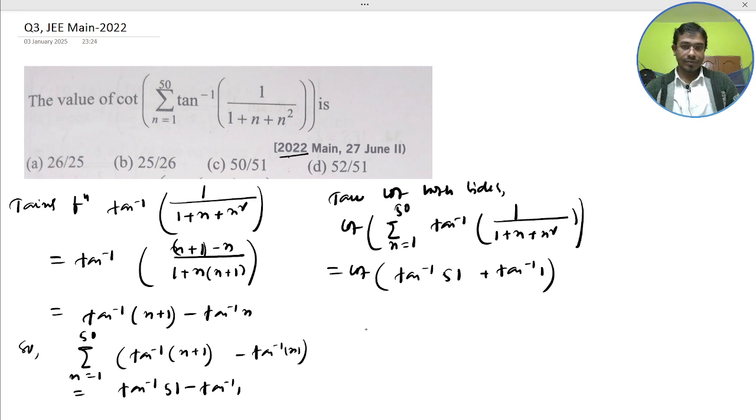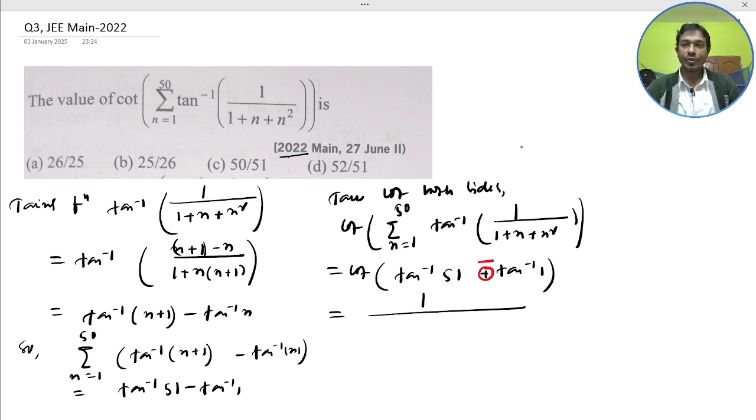And now cot to tan transfer. I just missed one thing, that here it would become minus, because we get tan inverse 51 minus tan inverse 1.